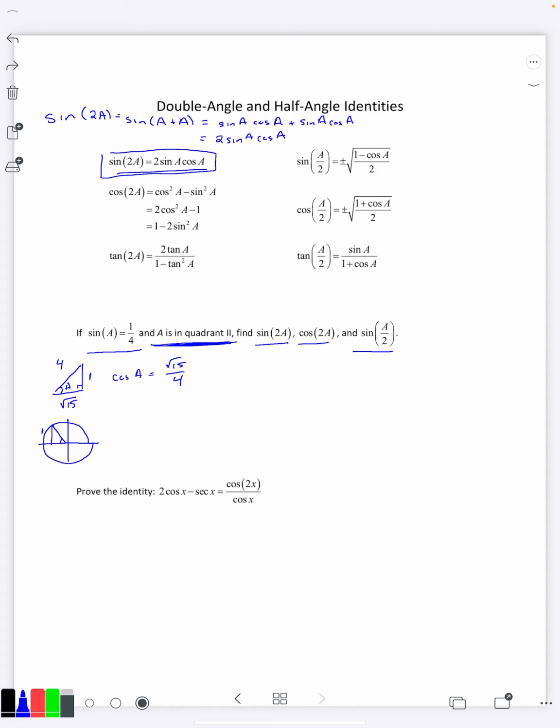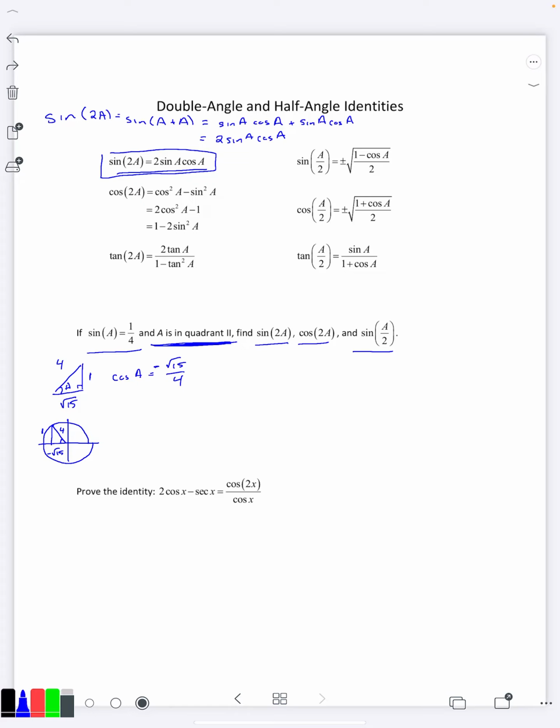And so my opposite and my hypotenuse are over in this picture, which means A is in fact not the angle there. The reference angle for A is the angle in my triangle. And since I'm going to the left here, it's actually going to be a negative root 15. So my cosine is going to be a negative square root of 15 over 4.